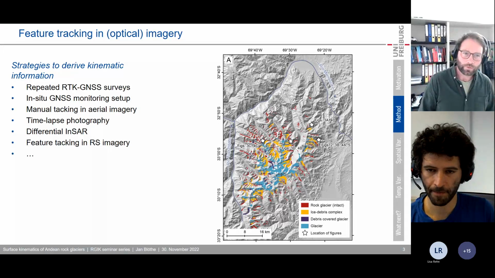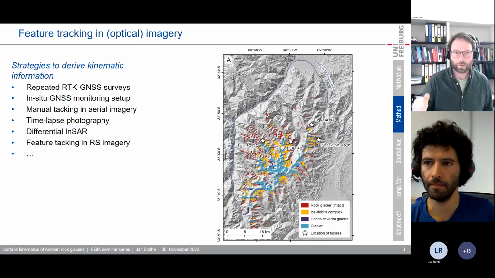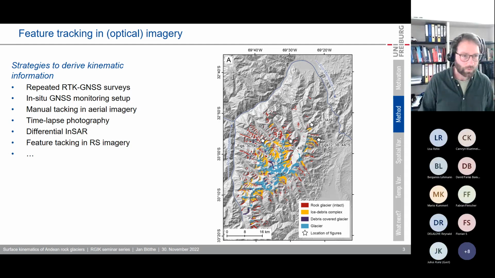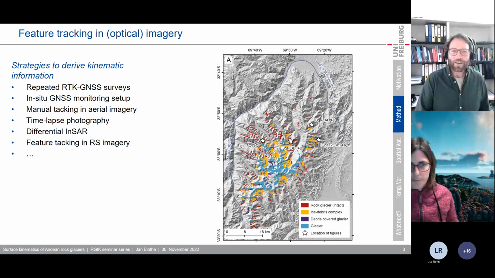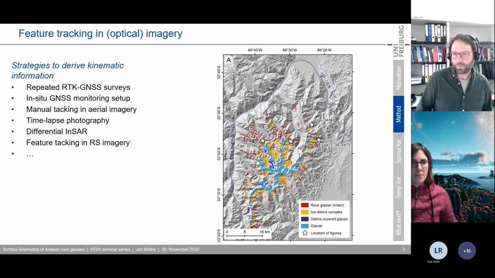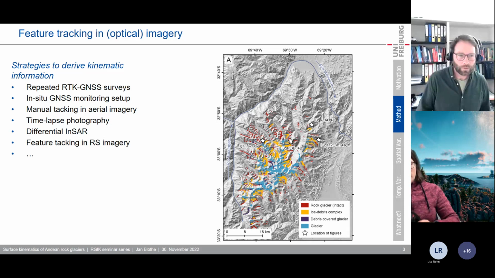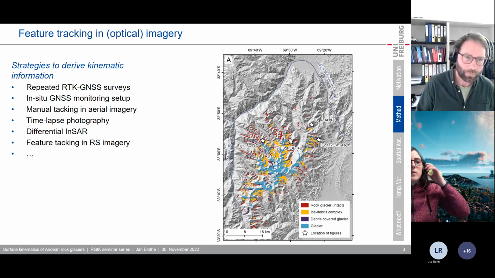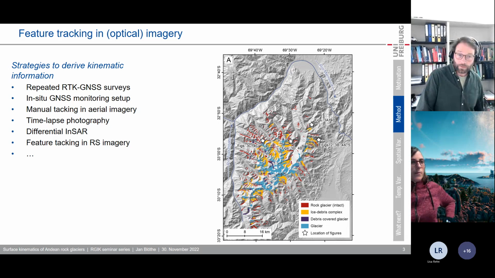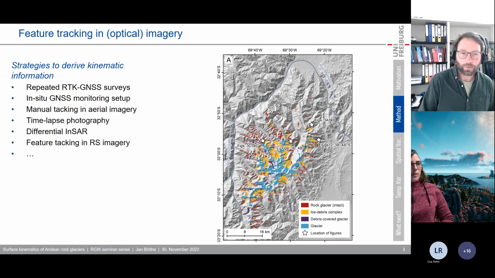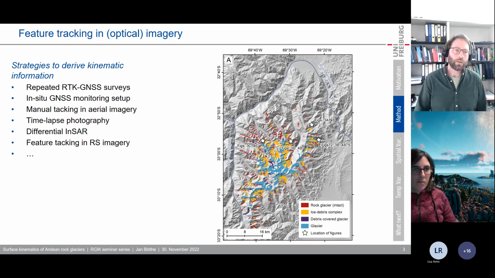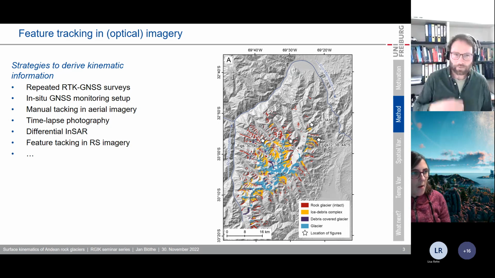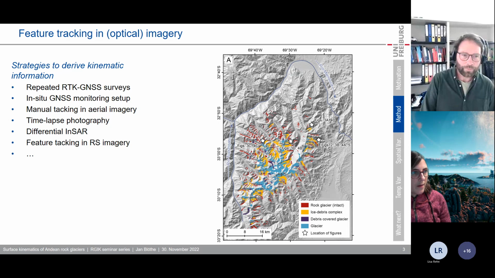We can go there with GNSS and do our surveys, do in situ monitoring, or manual tracking in aerial imagery. All these methods have been available for quite some time, also using time-lapse photography. InSAR has been quite big in the last years, but there is also feature tracking, automatically or semi-automatically, in remote sensing imagery. I thought I'd try this in this setting.